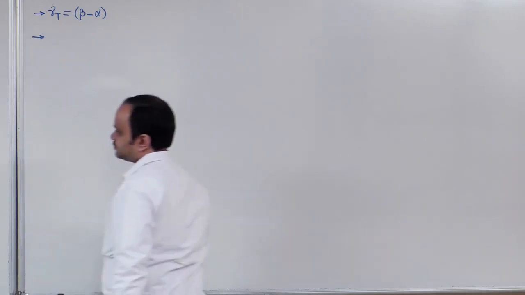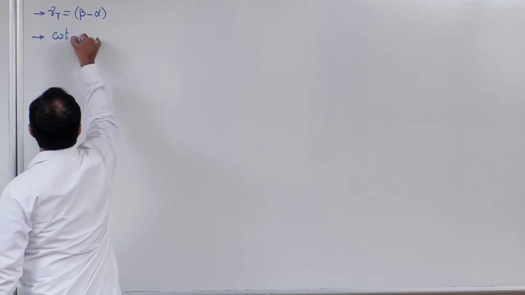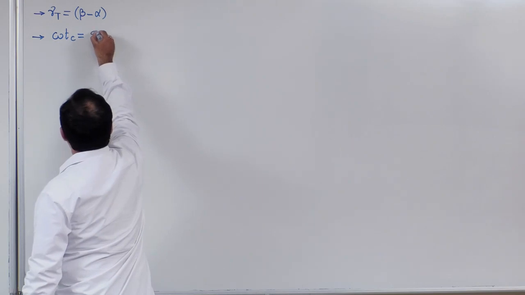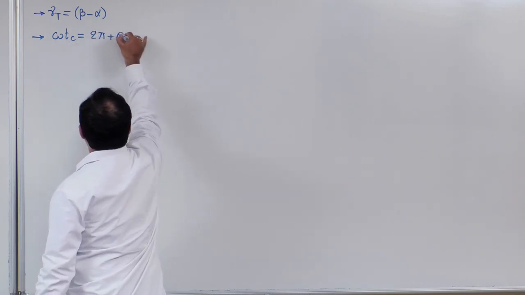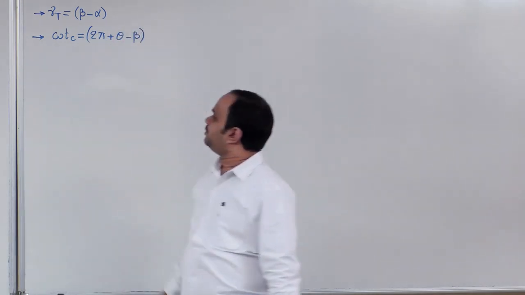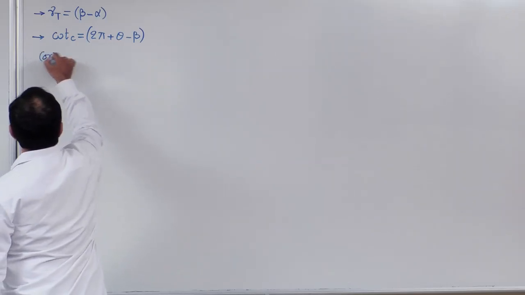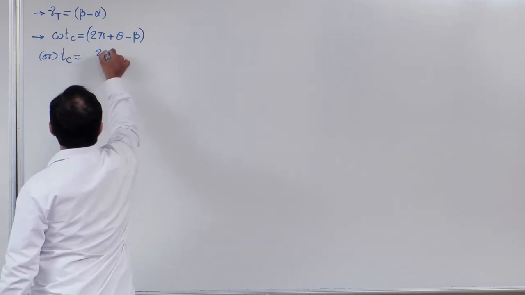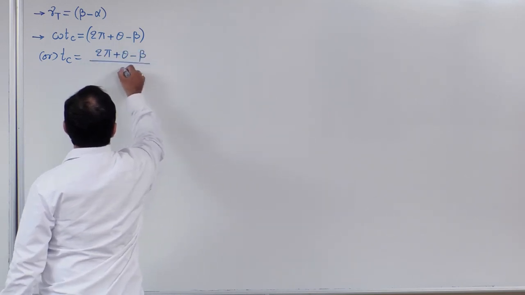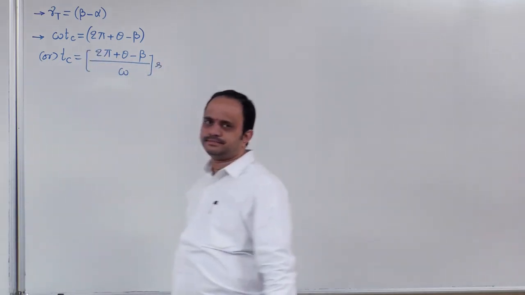Next, circuit turn off time omega Tc is equal to 2 pi plus theta minus beta, or Tc is equal to (2 pi plus theta minus beta) divided by omega, in seconds.